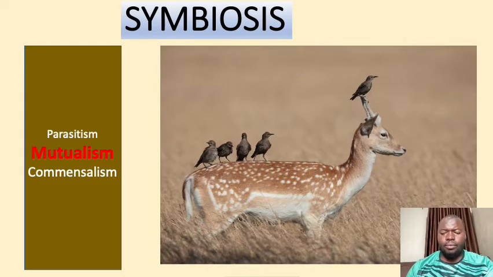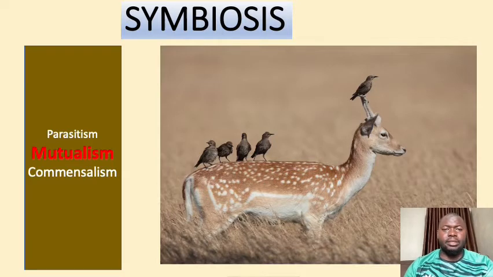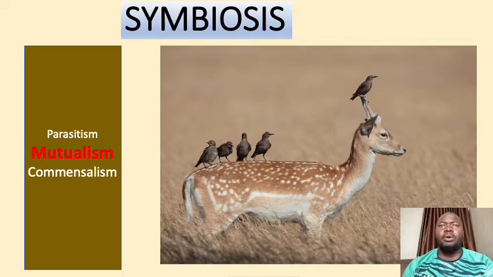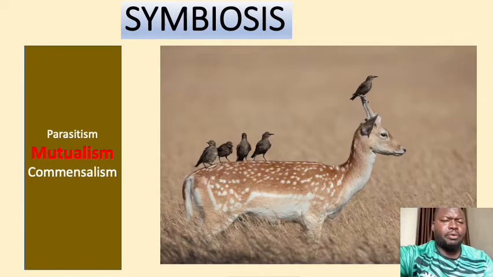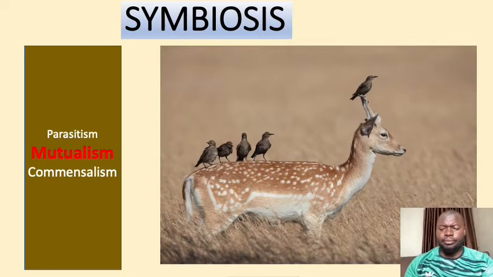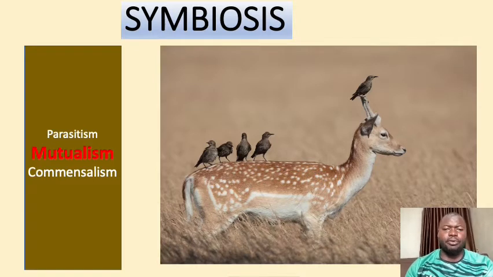Here, the birds benefit when the herbivore is grazing, because it helps to flush insects, which the birds feed upon. And in return, if there is any danger coming towards the herbivore, the birds can alert the herbivore.